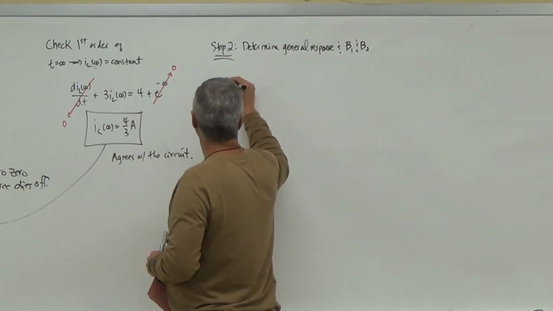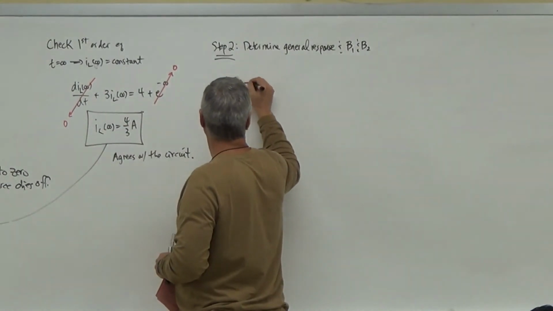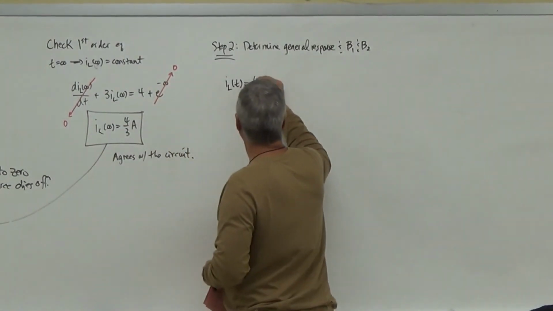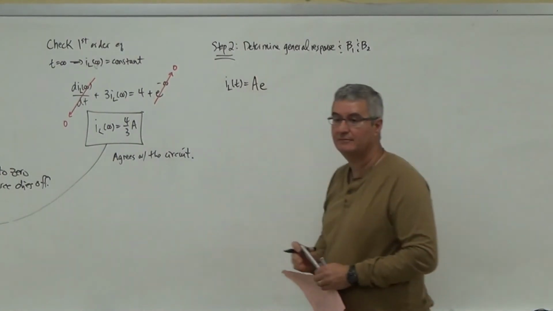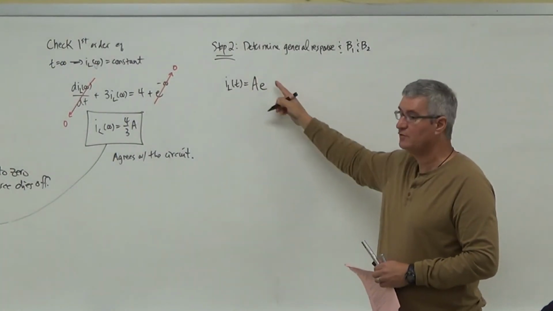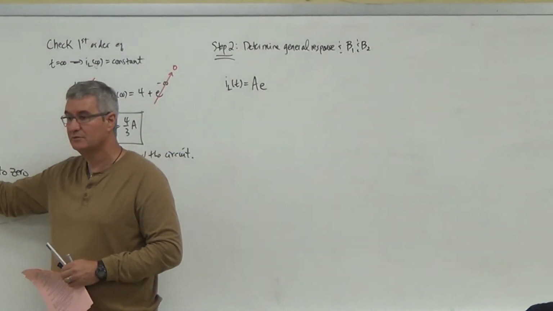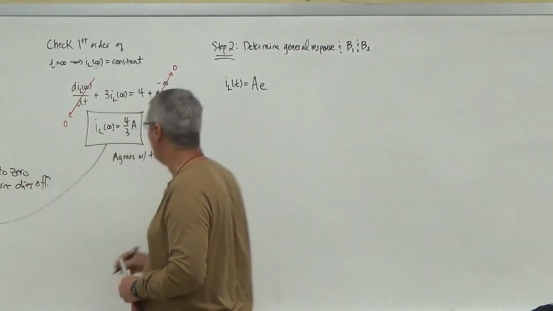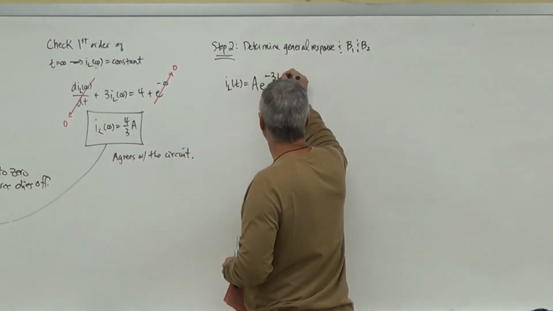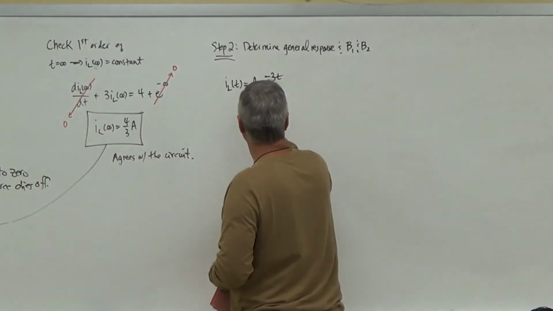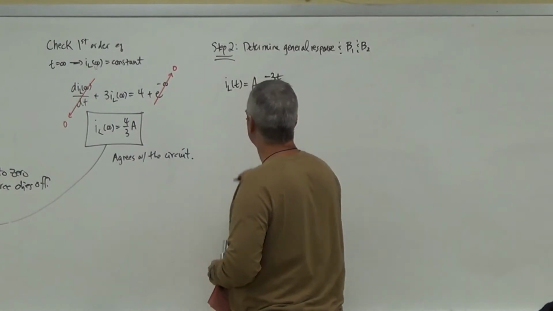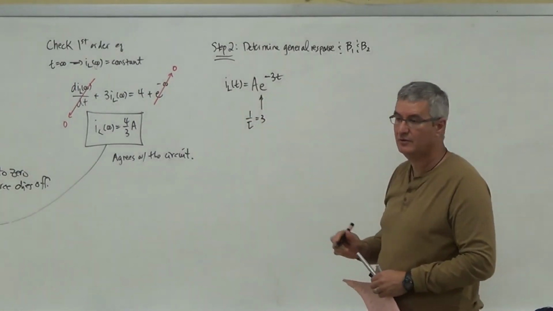So when I look at my solution, the inductor equation tells me I have to have a natural response, right? What's my 1 over tau? I'm going to go over here, and you can see that 1 over tau is 3. So I'm just going to write minus 3t. So this tells me here that 1 over tau was 3. I got that right off the differential equation.